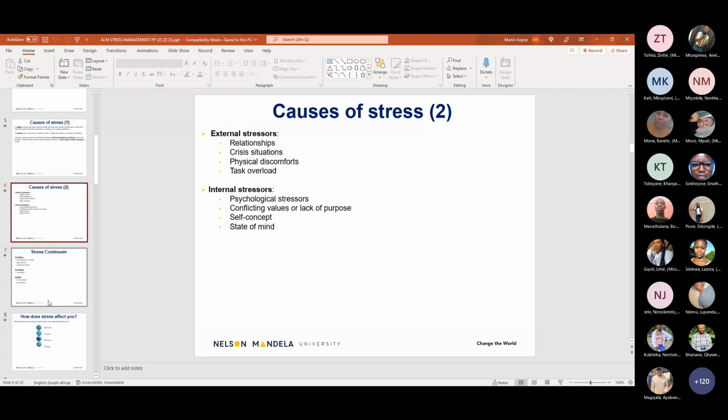And this might result in internal conflicting values, where you might have the value of abstaining from having sex before marriage. That might be your value. And it might be that your partner has a different view on it.